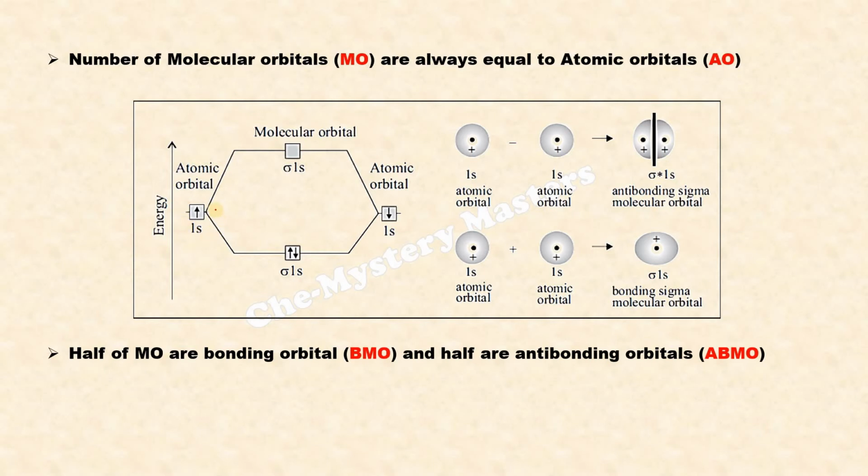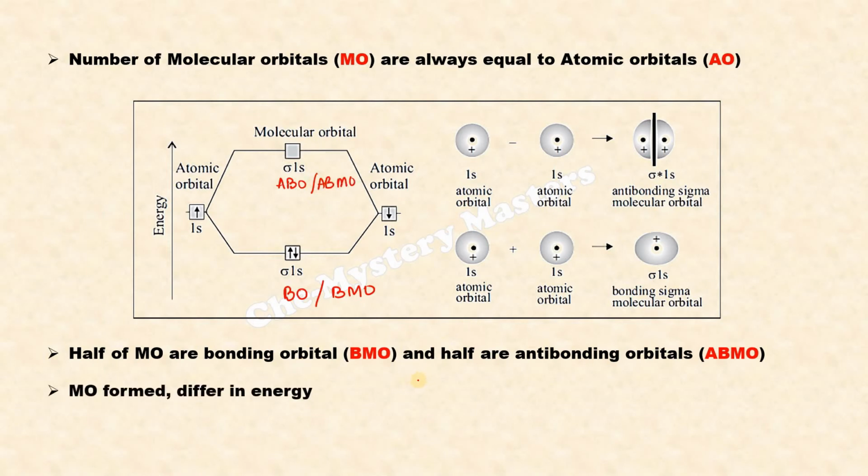If you see the atomic orbitals present here, they have much higher energy as compared to this bonding orbital. So this is the bonding orbital and this is the anti-bonding orbital, which is also known as ABMO, and the bonding one as BMO.